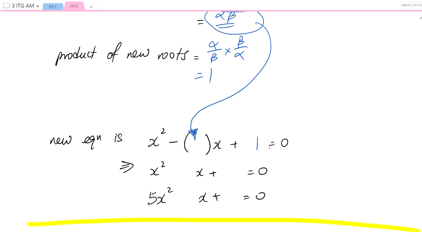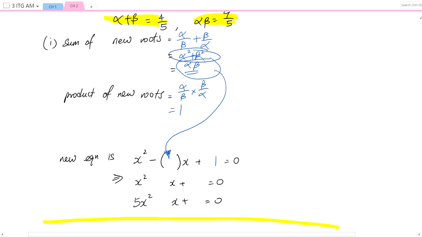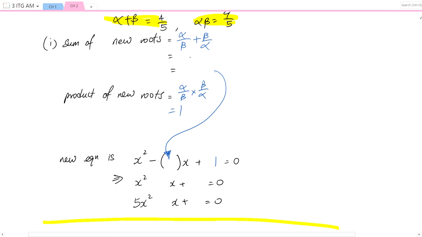Now, I didn't show you every step over here, in particular the sum of new roots. If you were to try it out yourself, how much do you get? Practice Now 2, part 2: negative 74 over 45. Negative 74 over 45. So substitute them in to get the answer.